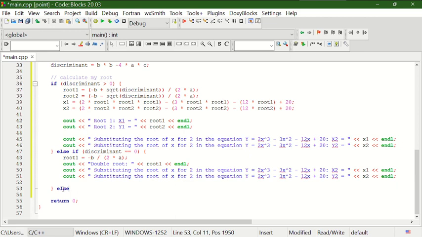Then for the else case, we can now say else. Then for the else, we can open a function and say in this function root2 is equal to what? B divided by, so you know the other one was minus b, this one will be just b divided by, in bracket 2 times a.